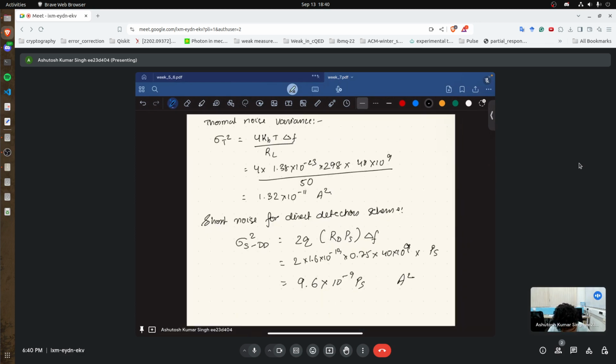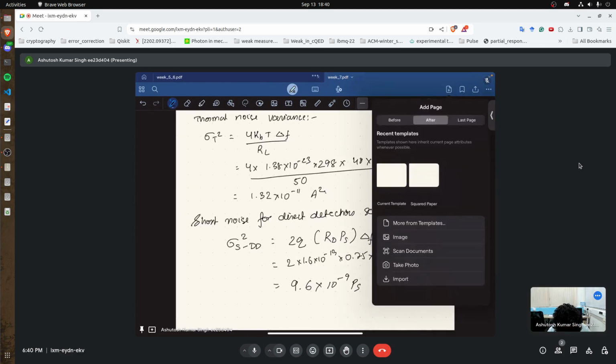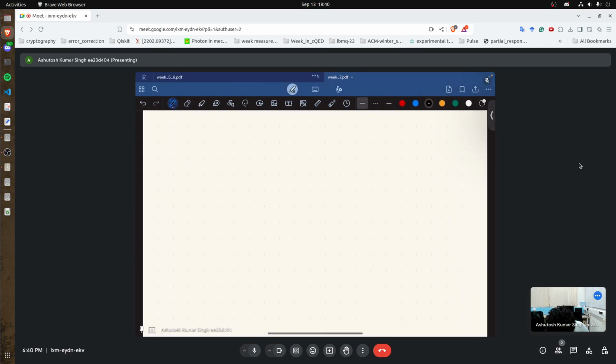Now similarly, let us calculate the shot noise for the homodyne scheme.